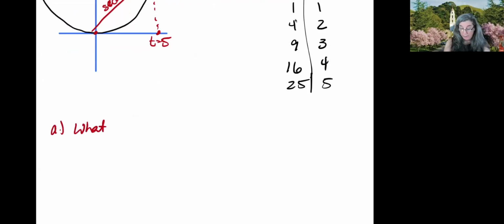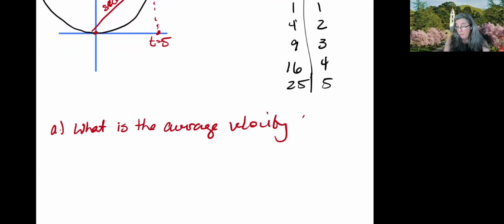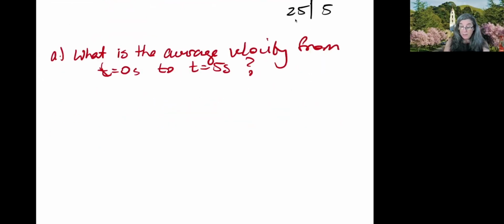So what is the average velocity from t equals 0 to t equals 5 seconds? It is the slope. Graphically, it's the slope of that secant line I just drew, right?